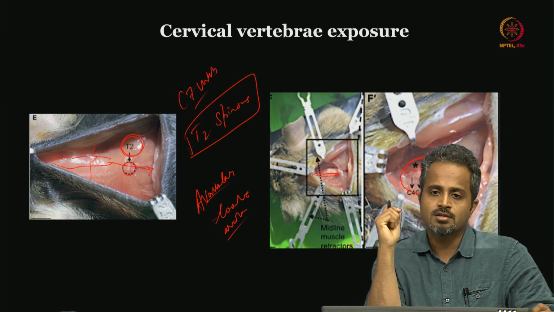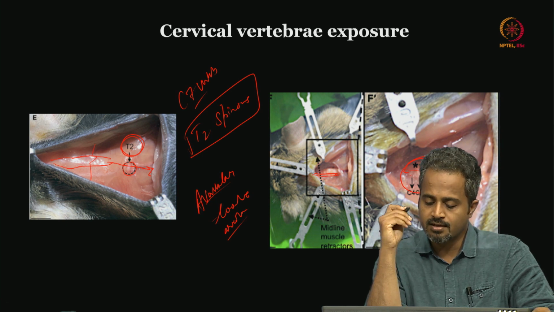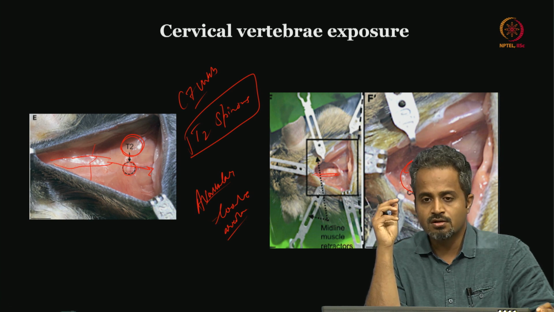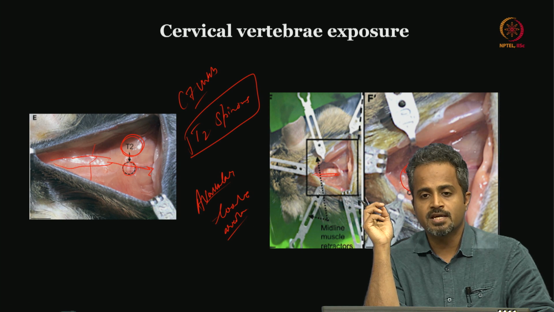So it is very important that every single step is performed using the microscope, and that again needs a lot of hand-eye coordination exercise. So once you are good at using the microscope, then these steps become easy.